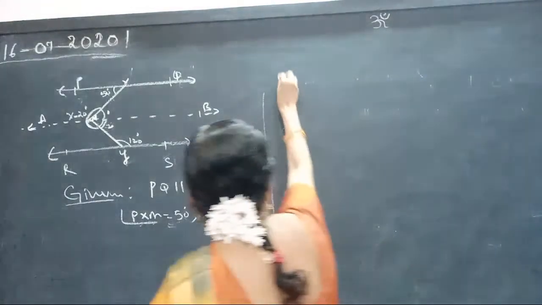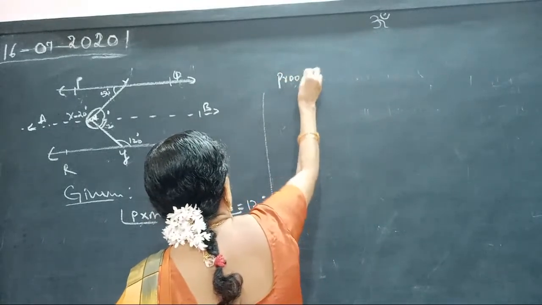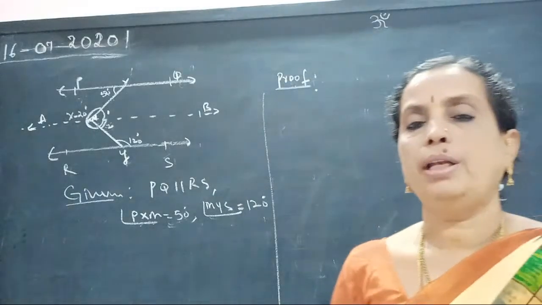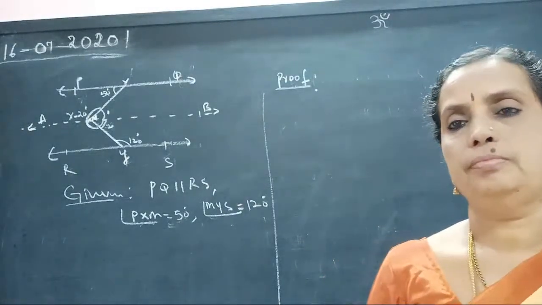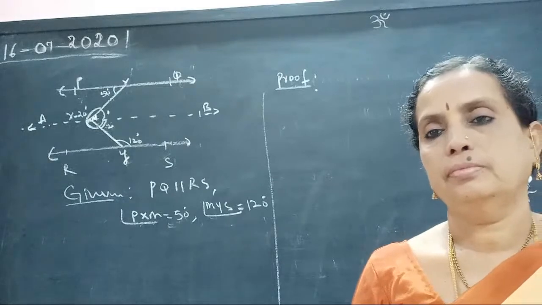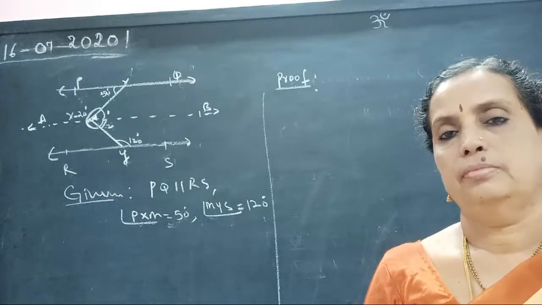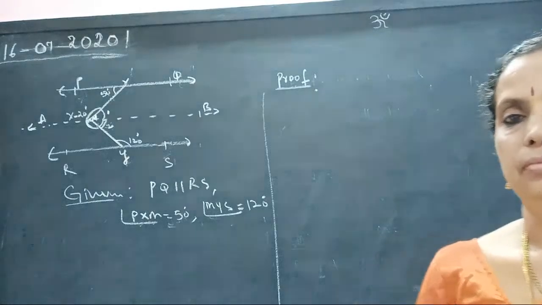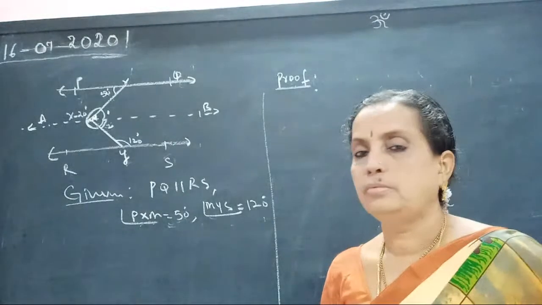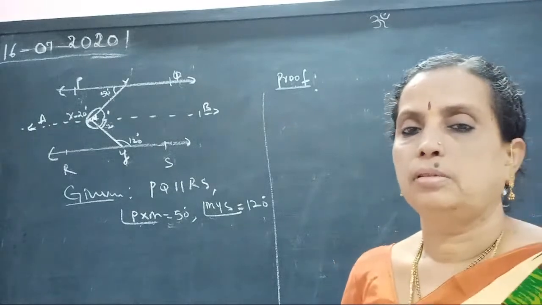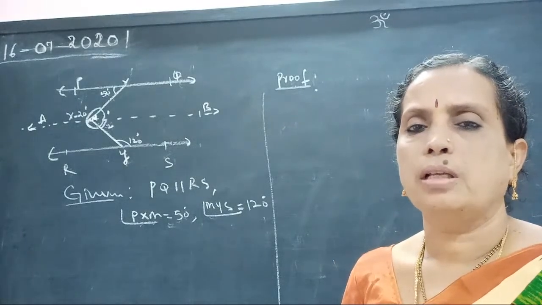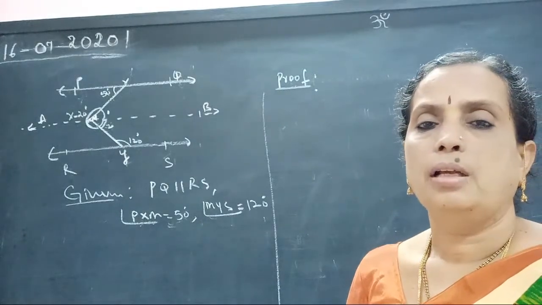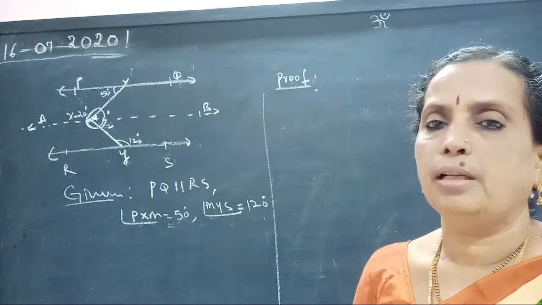Give me the answer. What is the measure of angle 1? Angle 1 equals 50 degree. Reason, alternate interior angles.